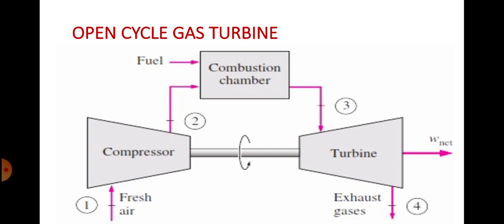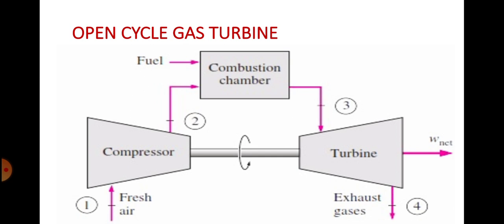The fresh air taken from the atmosphere into the compressor is compressed to a high pressure, so the pressure and temperature are increased. That high pressure air is then passed to the combustion chamber.